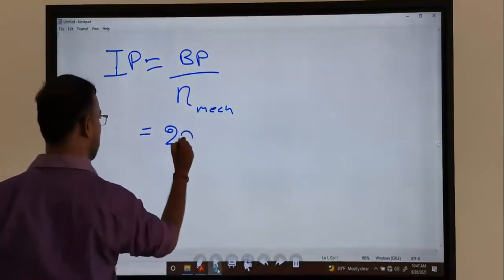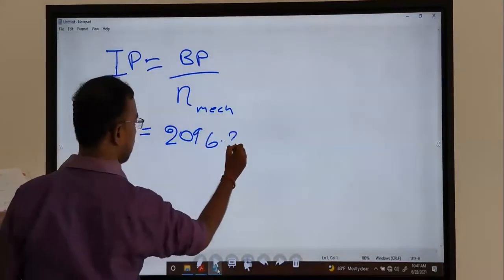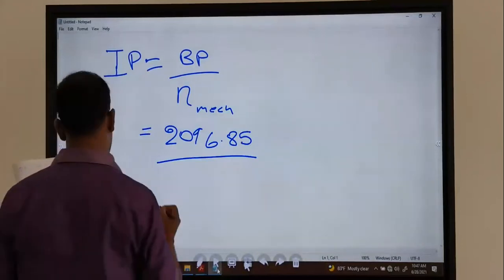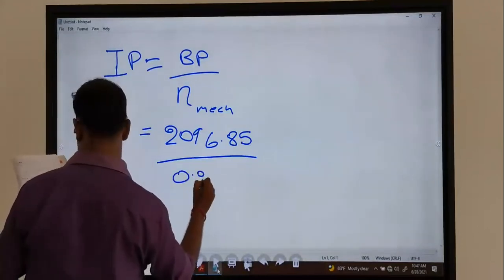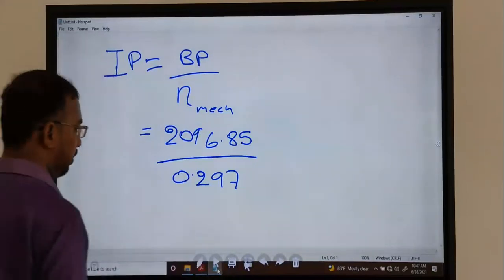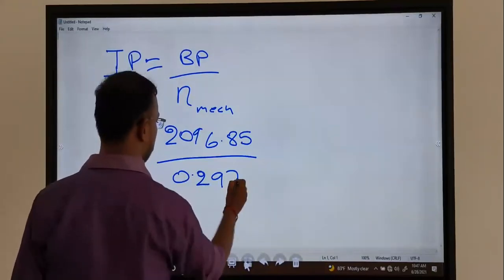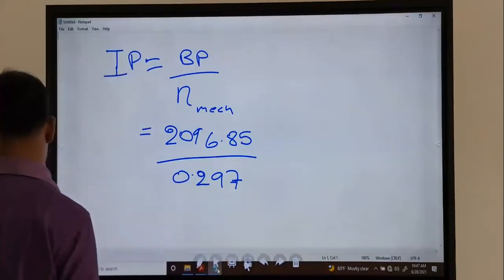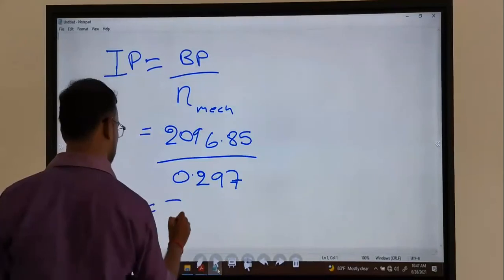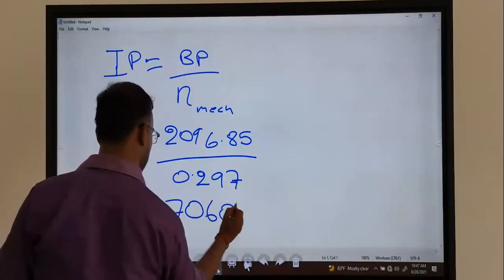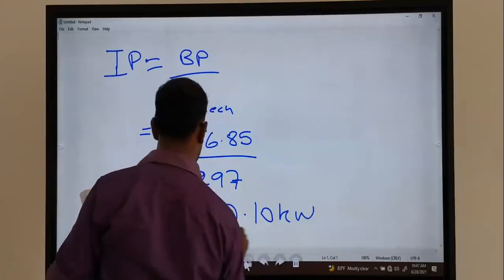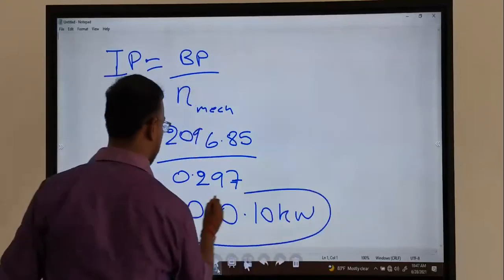The brake power is 2096.85, mechanical efficiency is 29.7, so here we put 0.297. So the answer is in kilowatt. So this is the indicator power.